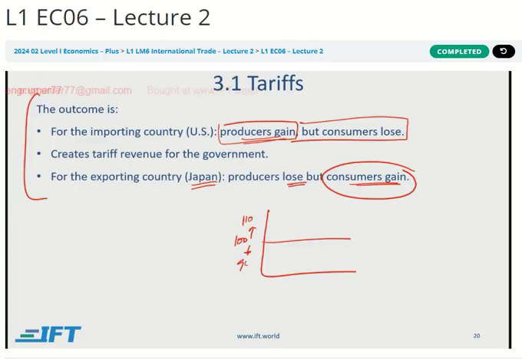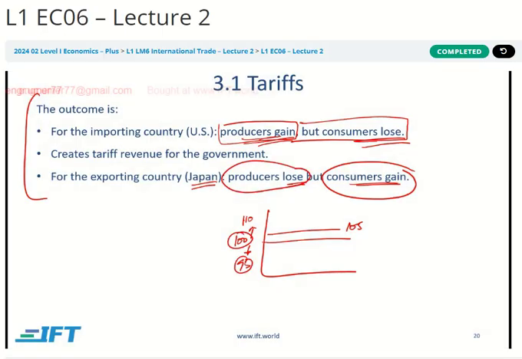So the end result will be somewhere around 105, which means the consumers still lose, the local producers still gain. The producers in Japan lose because instead of selling at 100, now they will be selling at 95. And the Japanese consumers will gain because they will get it at 95 now, since Japan has decided to reduce the global prices.